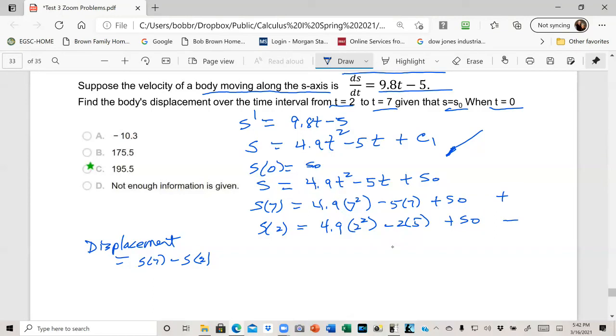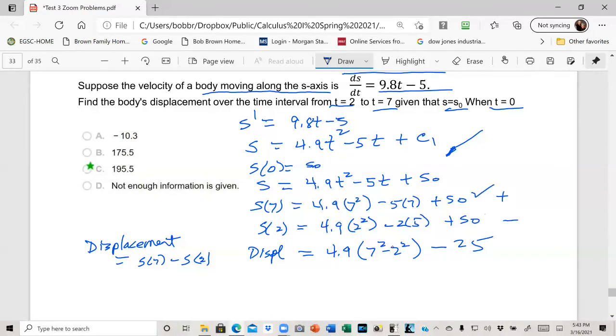And so the displacement is equal to 4.9 times 7 squared minus 2 squared, minus 25.